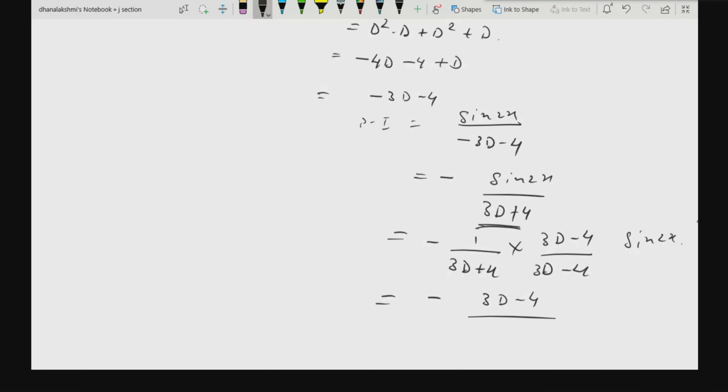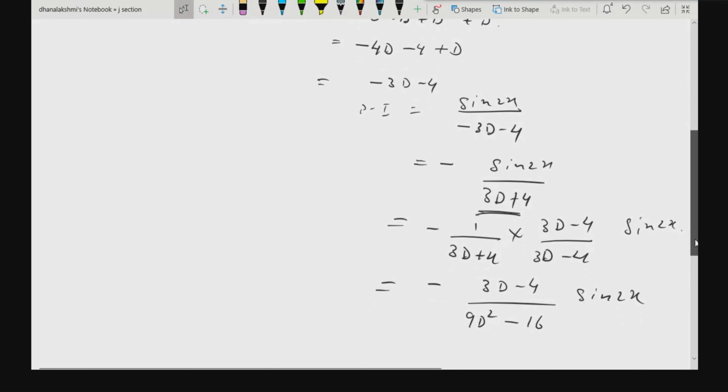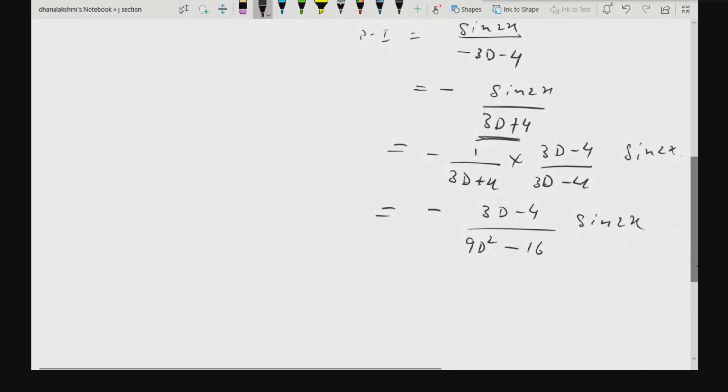What will be the denominator now? Tell me, on multiplication, 3D plus 4 into 3D minus 4, you will get 9D square minus 16. Okay. So again, you need to reapply the same formula. D square needs to be replaced with minus b square. If it is not equal to 0, that will be your particular integral.